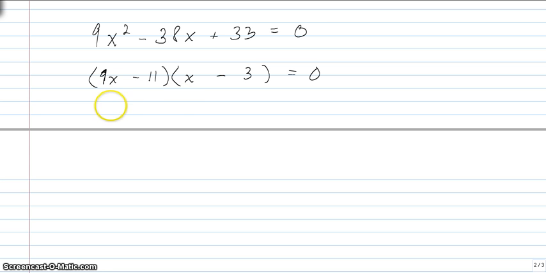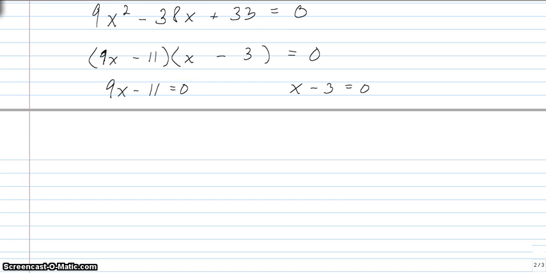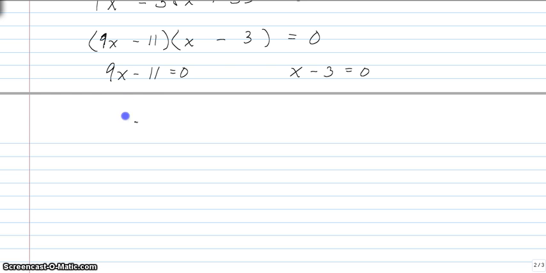Setting each of these factors to 0, we obtain our two answers. Solve here for x and over here for x, and we get two answers.